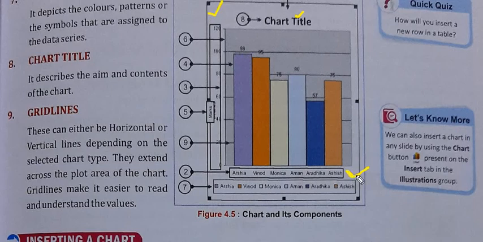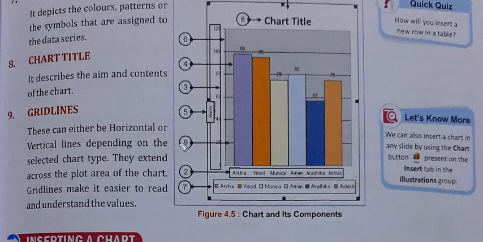We call this the category axis and this the value axis. And the data series, at the fourth number, these bars are telling us the data of different categories. So this is the data series.